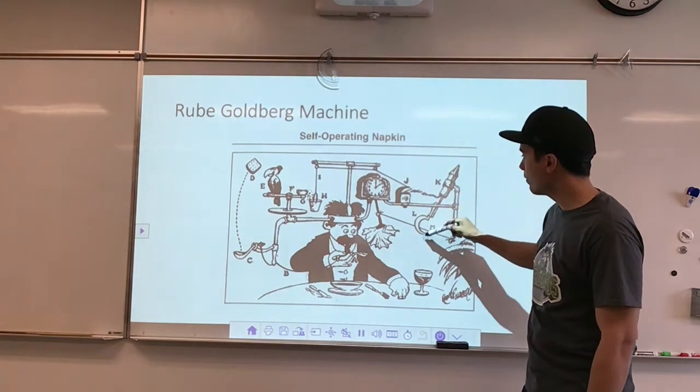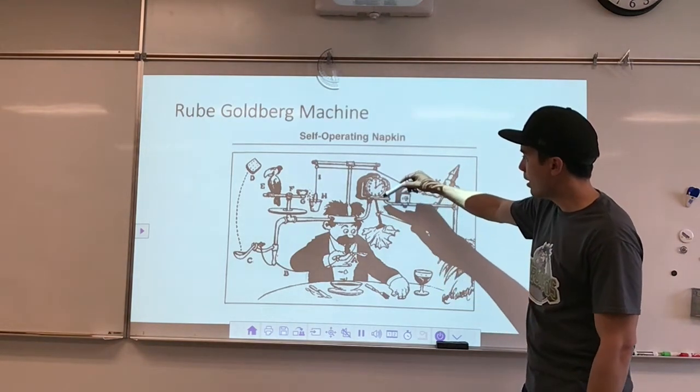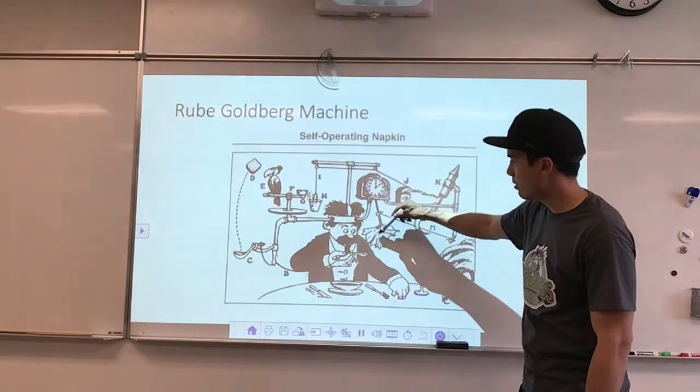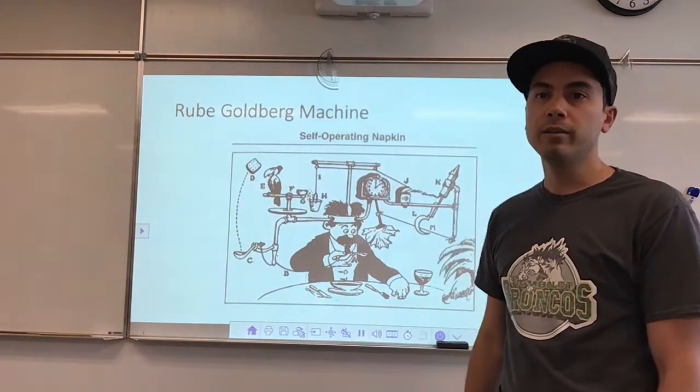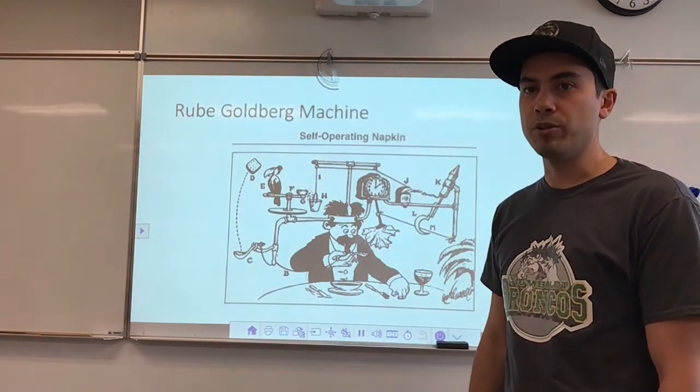The rocket takes off, cuts the string, and then this napkin is going to move across and wipe his mouth. So a very, very fancy way of doing a simple job.